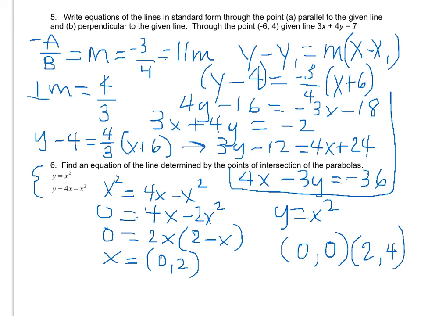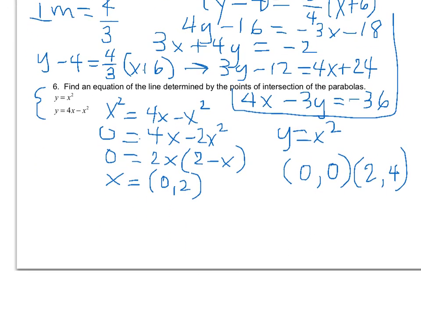Okay, now I have 2 points, and I want to continue to find the equation between those 2 points. First, I need a slope. So slope is your change in y over your change in x. So 4 minus 0 is 4, 2 minus 0 is 2, so I have a slope of 2.